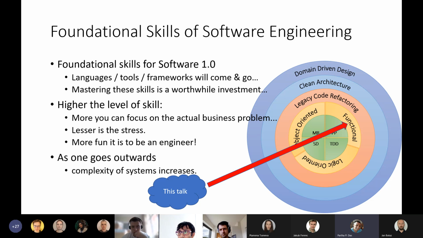You can design any system on the planet, any software running system in the planet. Also, the higher the level of mastery, the lesser is the stress at work. So you can now focus on interesting things like business problems or what gets customer the most value, as opposed to getting stressed out with why your code is not working when it was not supposed to be working in the first place.